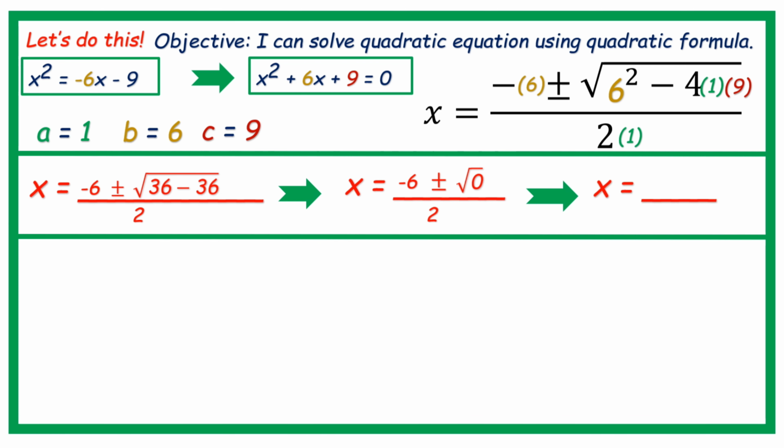Let's proceed. x equals negative 6 plus minus, what is the square root of 0? You have 3 seconds. You got it. The square root of 0 is 0. Then just copy number 2. Just like that.